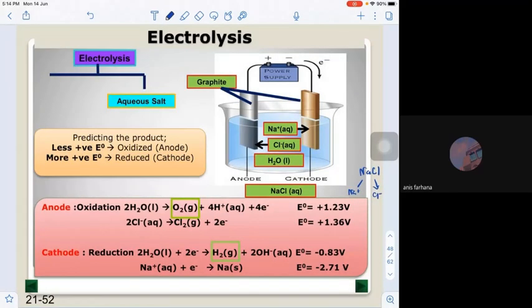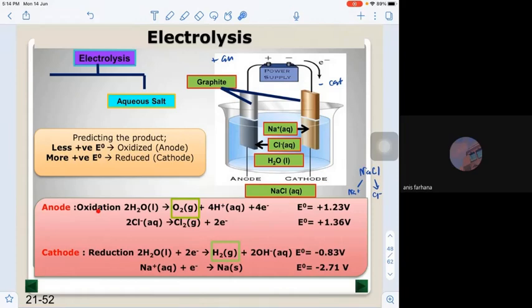So we know that this is the negative terminal, the cathode, and this is the positive terminal, the anode. The negative ion goes to the positive terminal to undergo oxidation. When it undergoes oxidation, for the equation we have to refer back to the table.